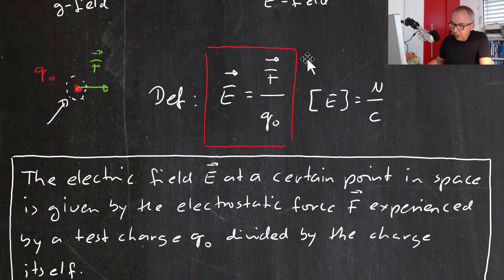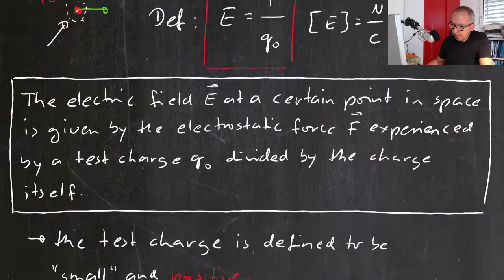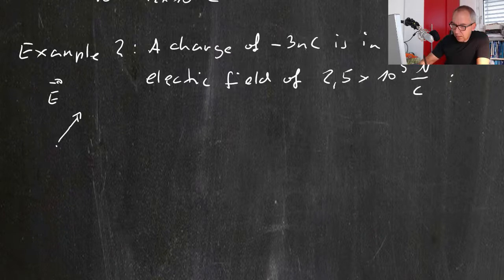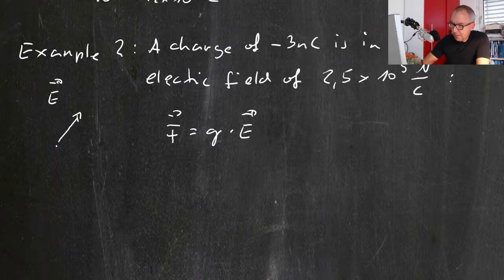And then we rearrange it and resolve that for F. F is then Q times E. So I'm not taking the test charge, but any charge here.